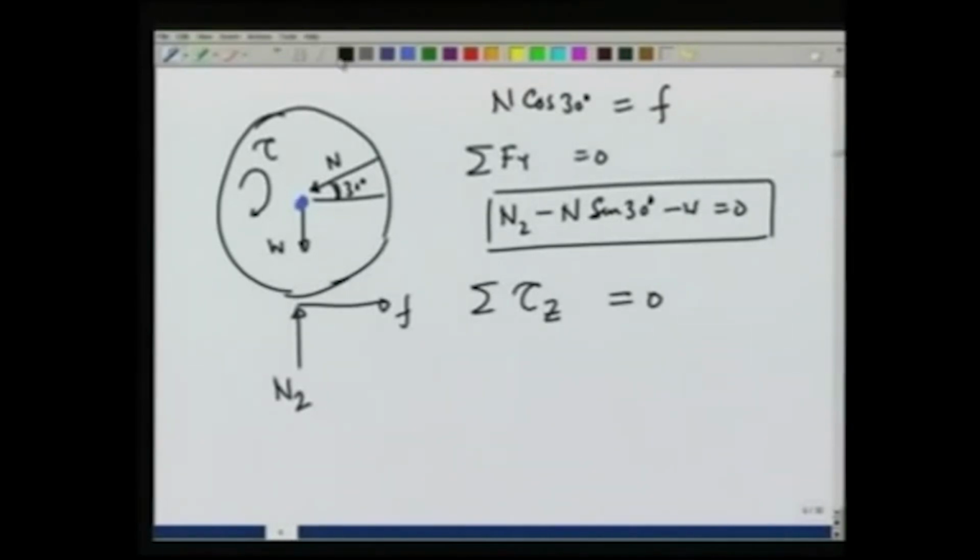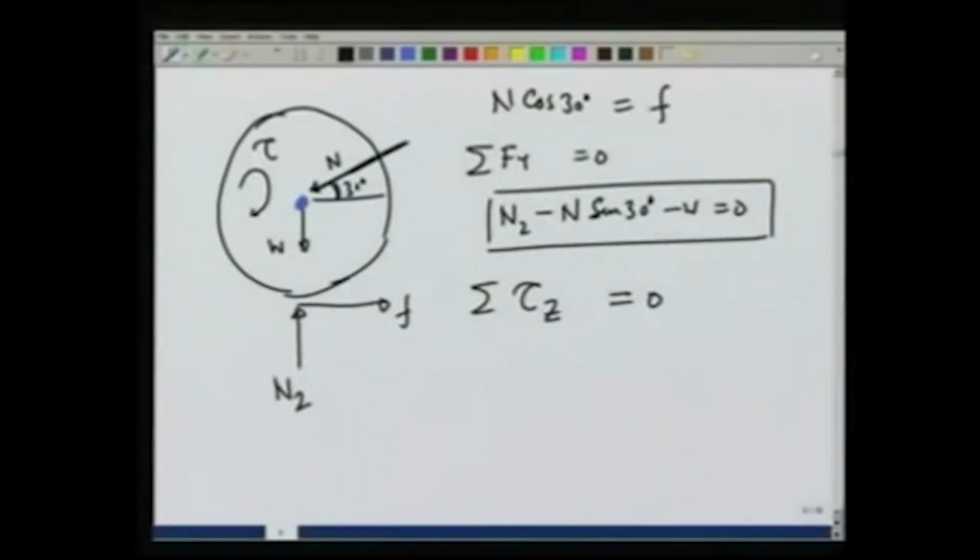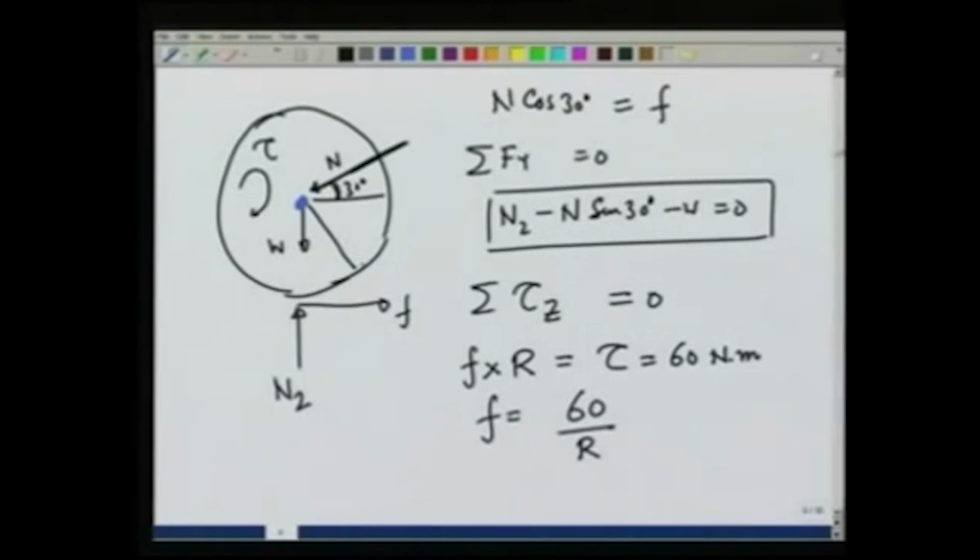If we do that, the torque due to normal reaction N due to this force vanishes. That is the advantage of taking torque about this point, and therefore, I would have F times the radius of the wheel is equal to tau applied, which is 60 newton meters, and therefore, F is equal to 60 over r. The radius r is given to be 300 millimeters.